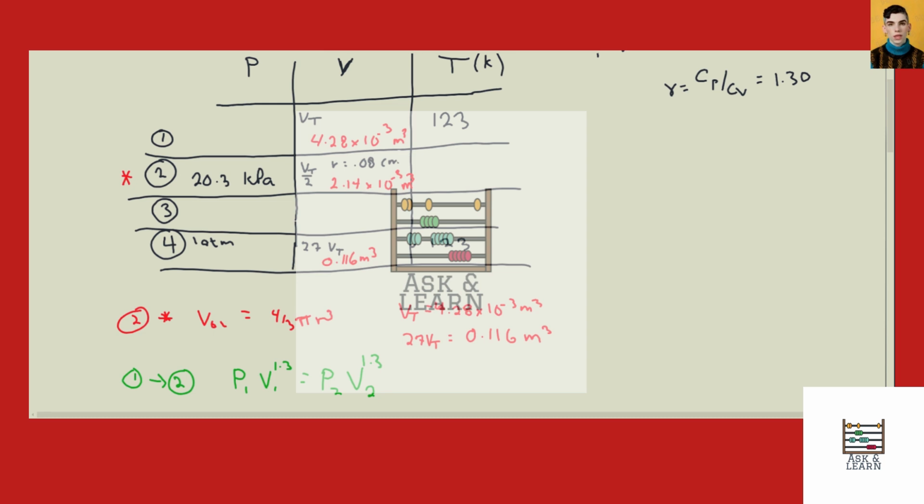And let's see, that is going to give us, of the unknowns, the pressure at point 1. So we can solve for that, and we get 8.24 kilopascals.